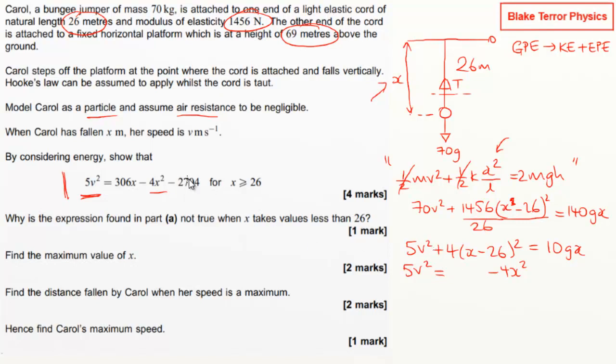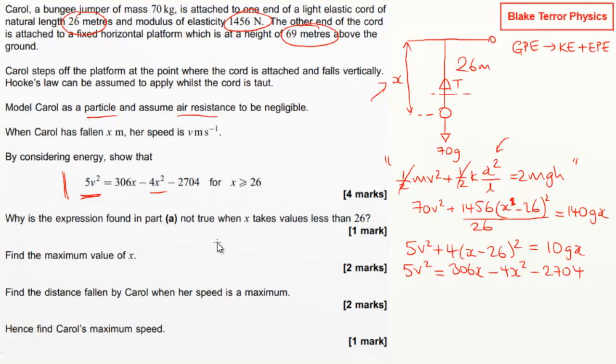So we're going to have to take that off, minus 2,704, and then we've got minus 52 times 4, so minus 208, which we add on, so 208x plus 98x is 306x. That's using 9.8 for g. If we're using 9.81, then we've got an extra little bit that we'd add on, but we're using 9.8 for g in order to get that. So that has shown that.